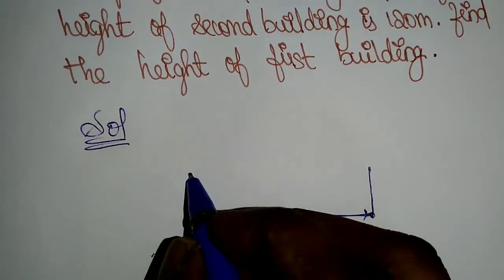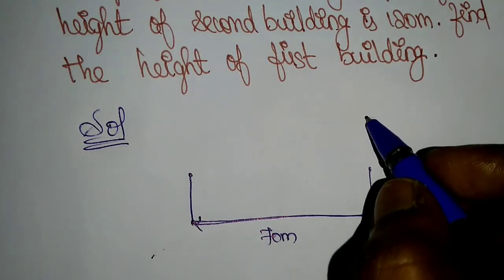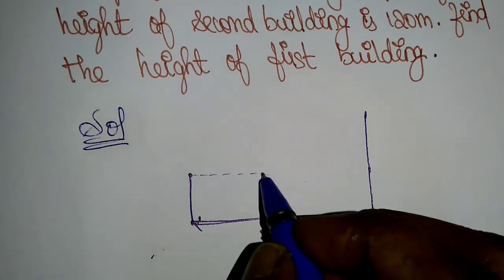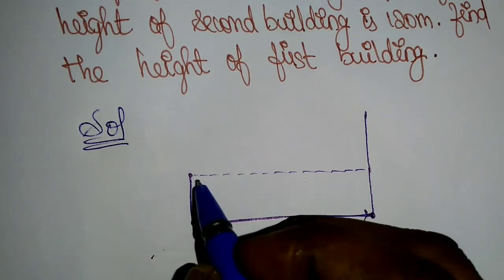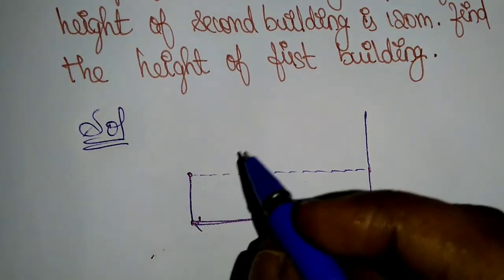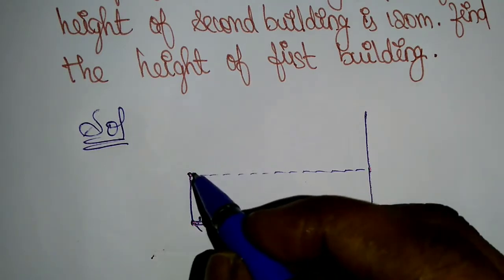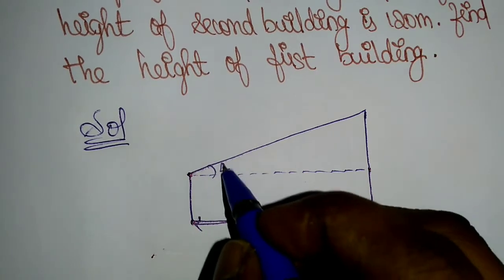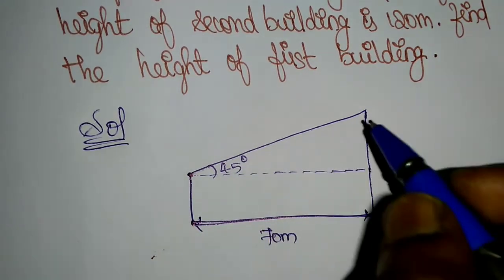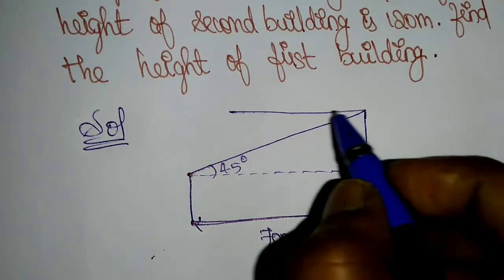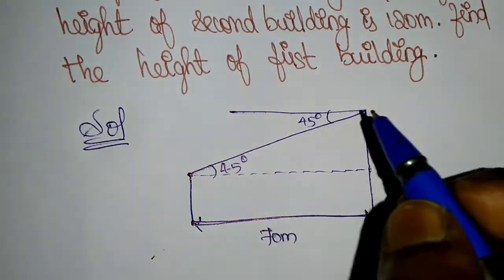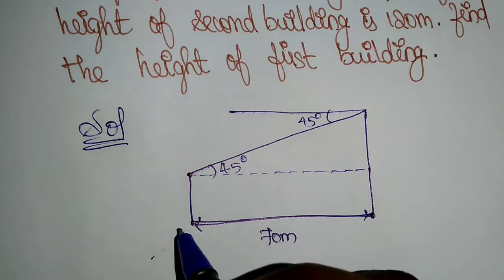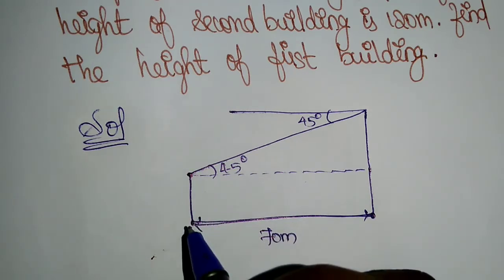From the top of the first building you are going to see the second building. Here we get 45 degree. The angle of depression is 45 degree. The height of the first building is CE.